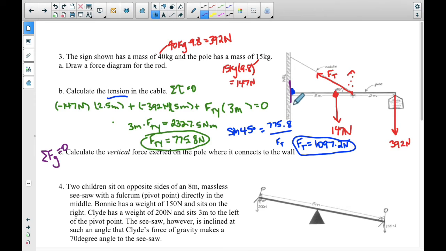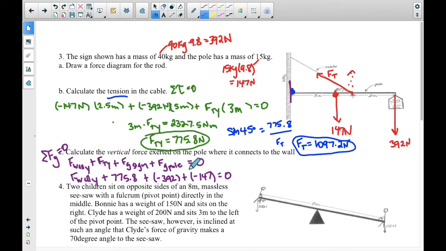And so I need to look at all of the various y direction forces. When I look at all my y forces, I have the force of the wall in the y direction. I have the force of tension in the y direction. I have the force of gravity from the sign. That's kind of messy, but that's what that says. Force of gravity from the sign. The force of gravity from the pole.